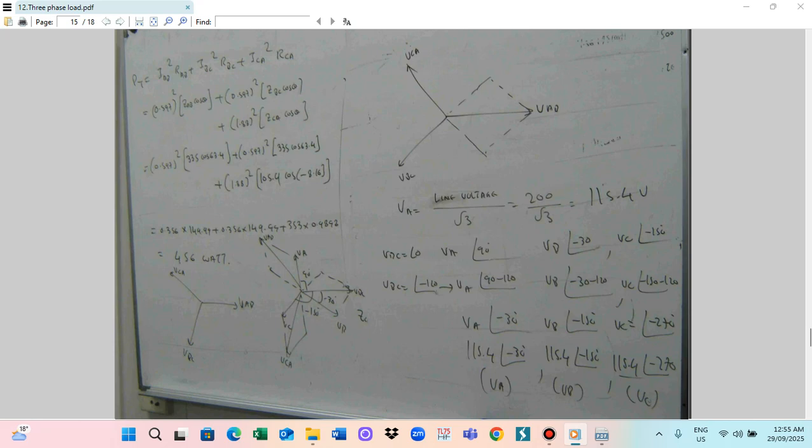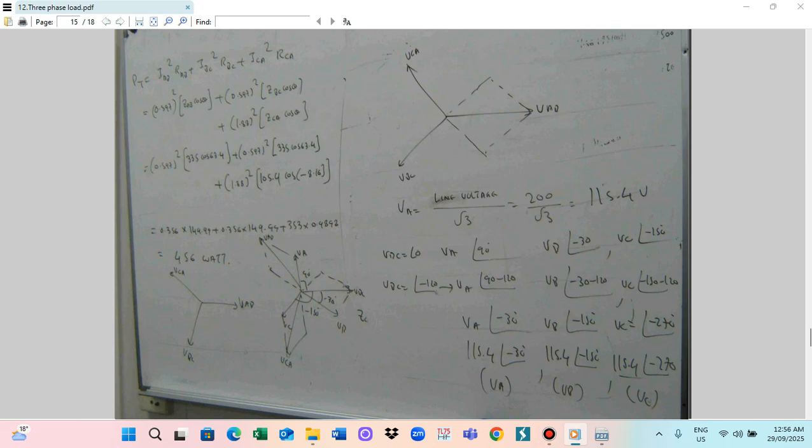ICA is 1.88 squared and the ZCA cos theta. So you can find 0.597 squared ZAB. RAB is ZAB cos theta.